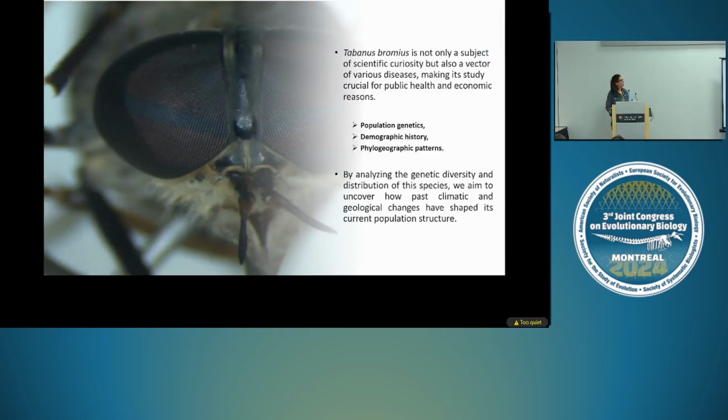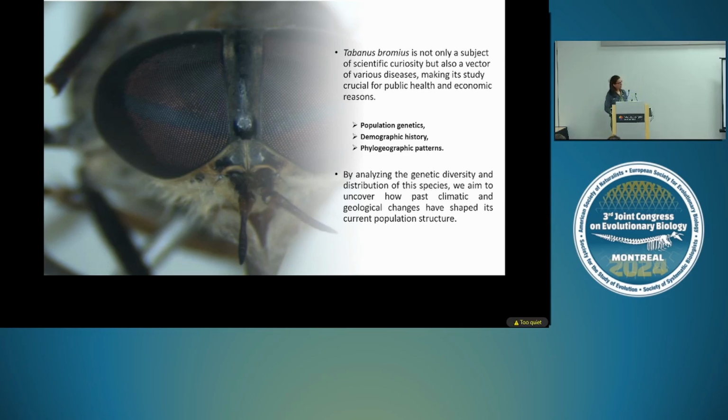Bromeus is not only a subject of significant curiosity, but also a vector of various diseases, making its study crucial for public health and economic reasons. We want to determine population genetics, demographic history, and phylogeographic patterns for economic importance.